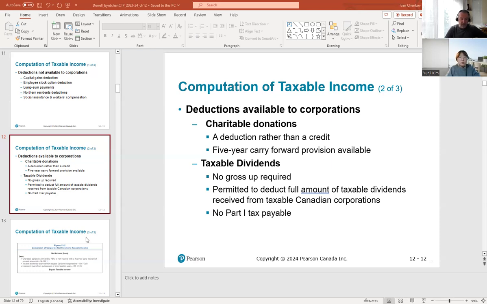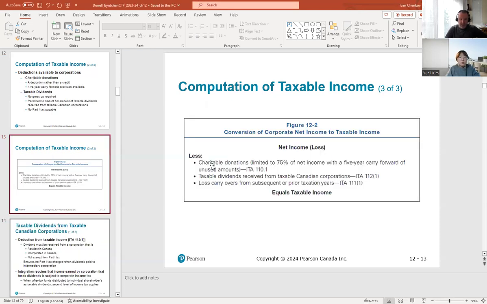Okay, so now with the computation of the taxes, we have to convert the corporate net income to taxable income. Let's say we have the net income or loss. We're going to go with the less charitable donation, which is limited to 75% of the net income, with carry forward over 5 years.